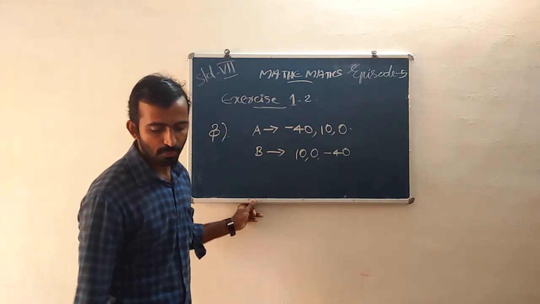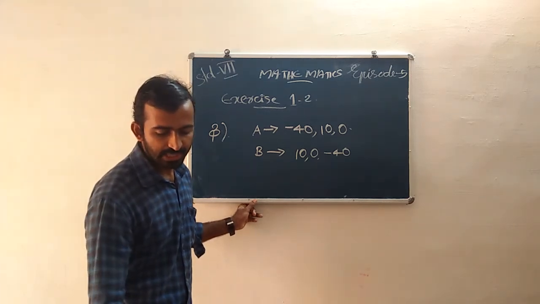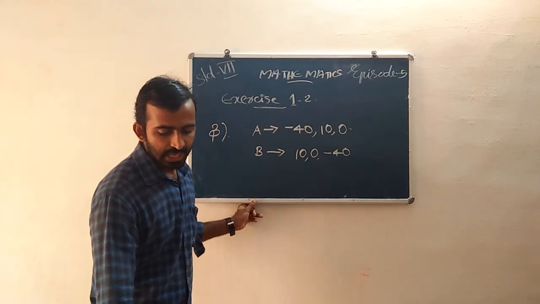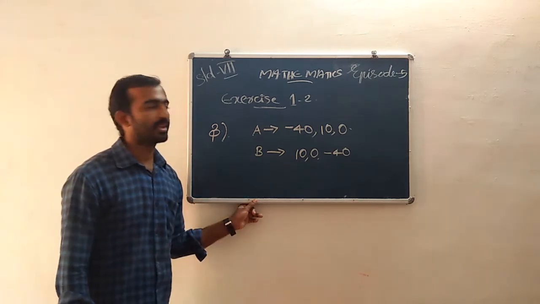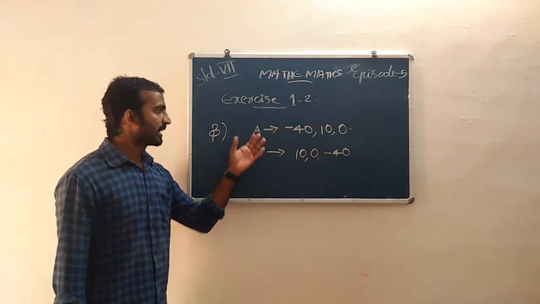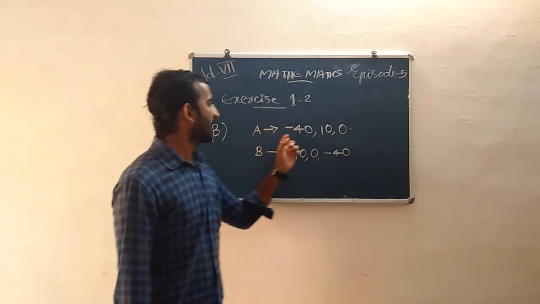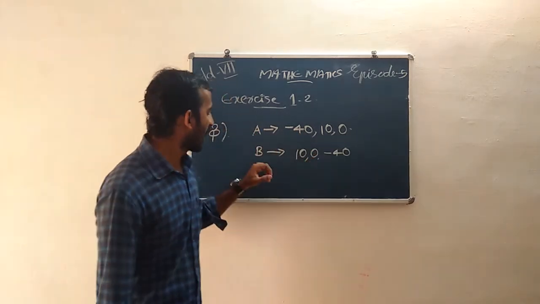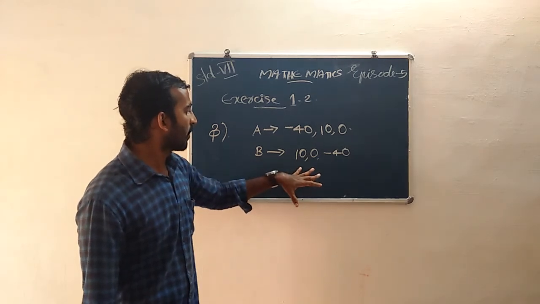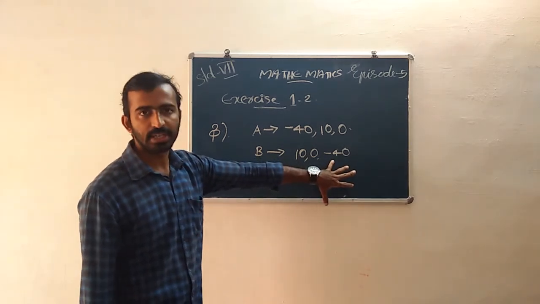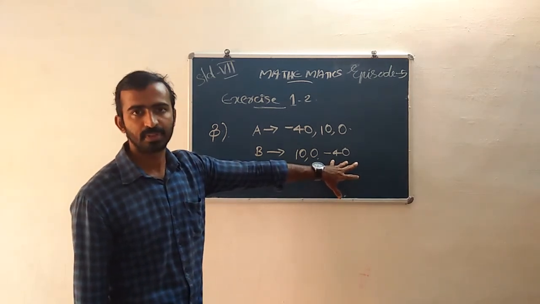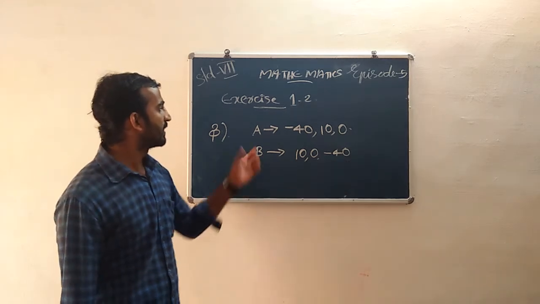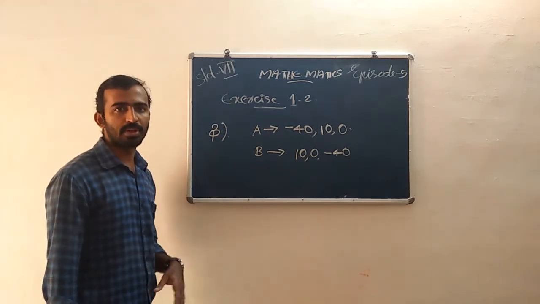Which team scored more? Can we say we can add integers in any order? In a quiz, team A scored these points in 3 rounds, and B also scored these points in 3 successive rounds. We want to find which team scored more.